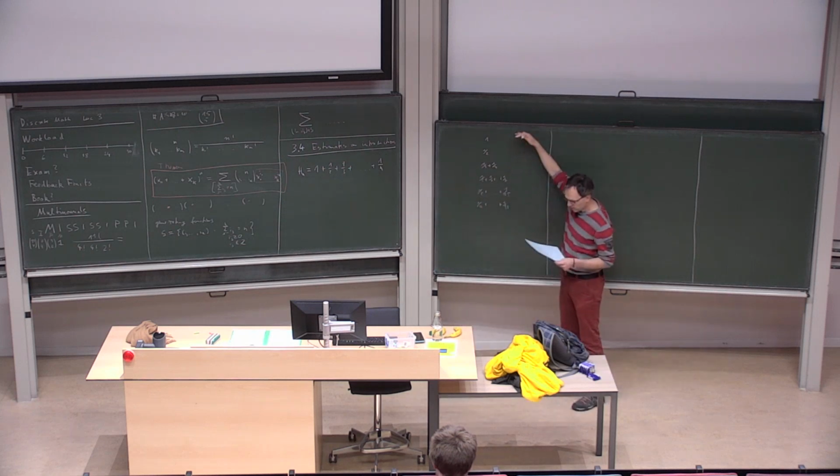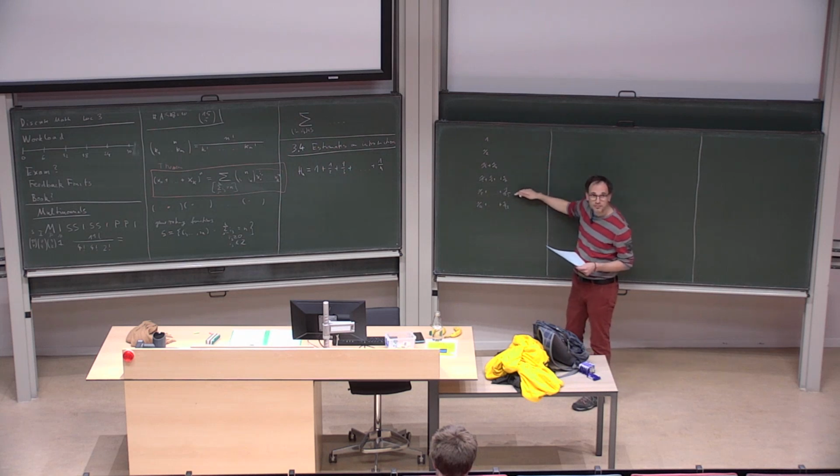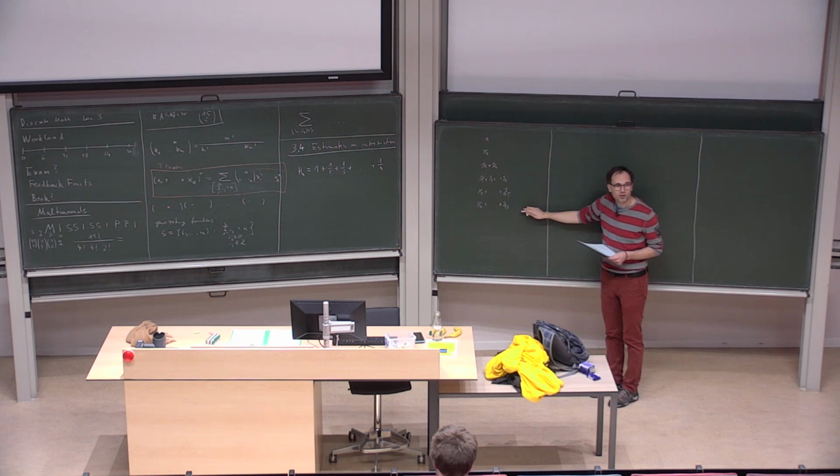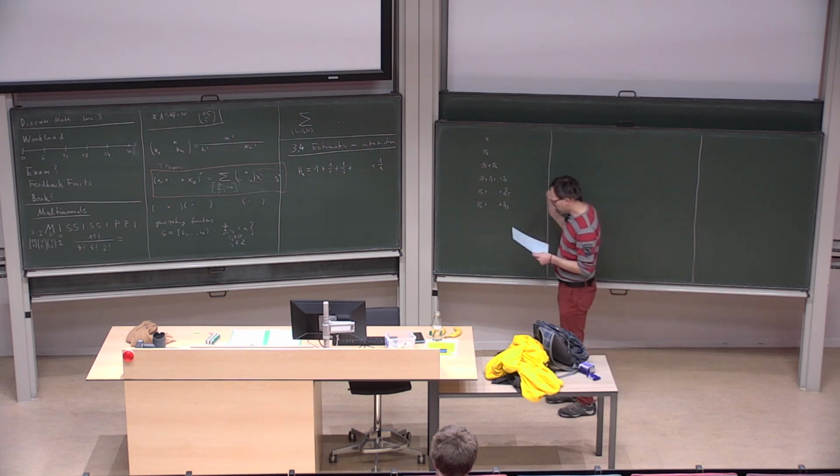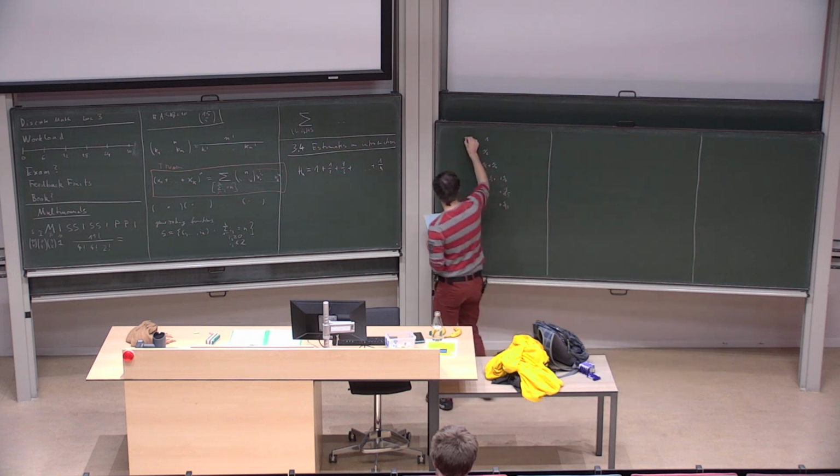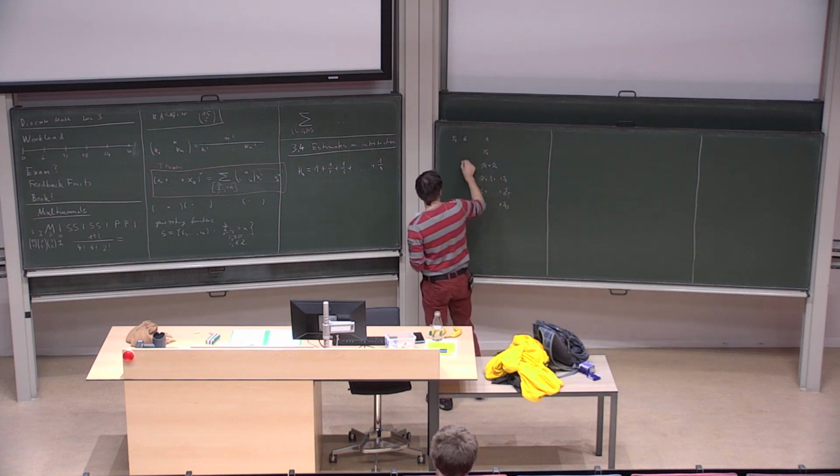So I just write them in these groups here. So far, so good. And I give upper and lower bounds. So clearly, this is at least a half.